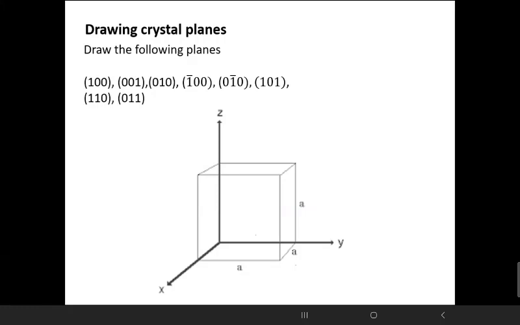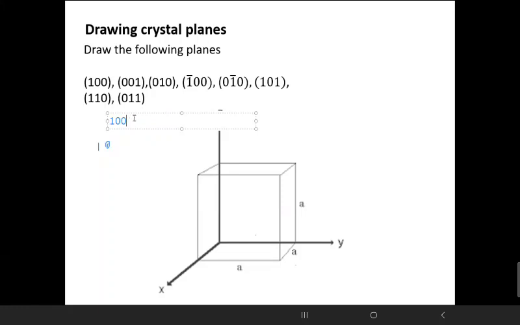Okay, so I'm going to discuss how to draw the crystal planes. First we will draw (1, 0, 0). We will take a text box: 1, 0, 0.